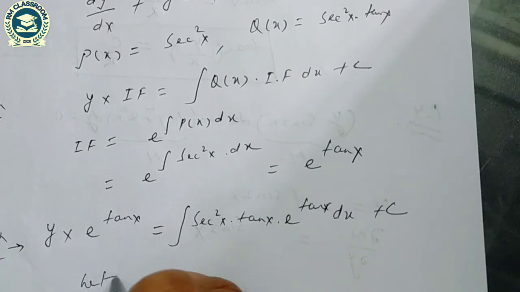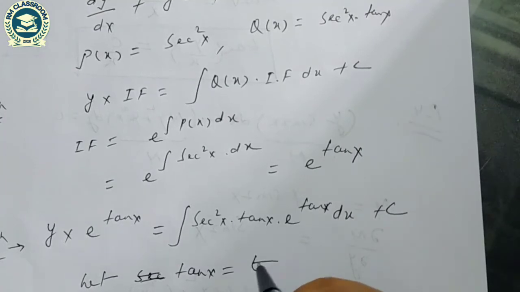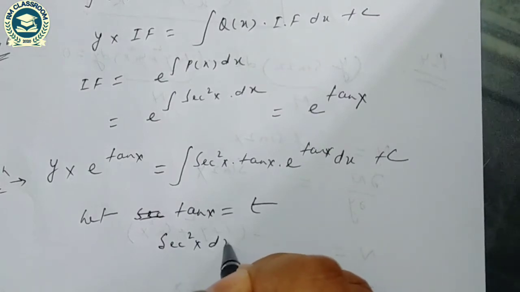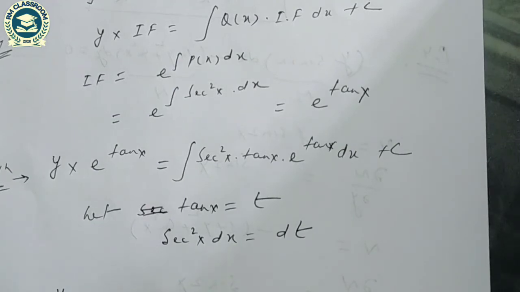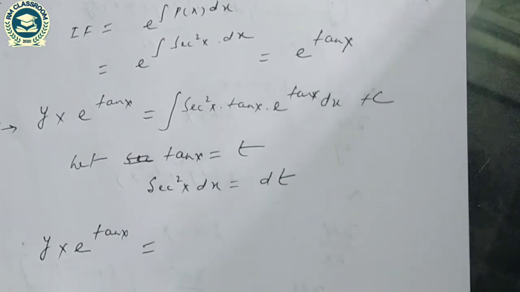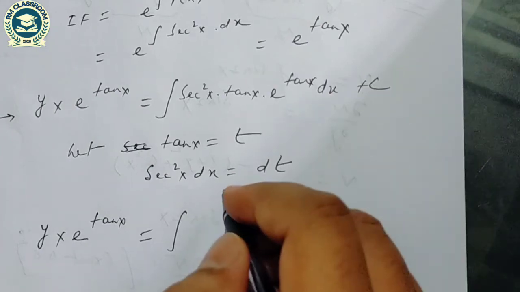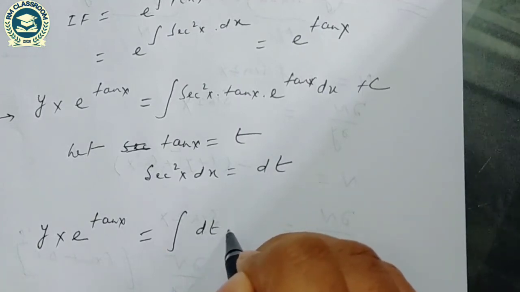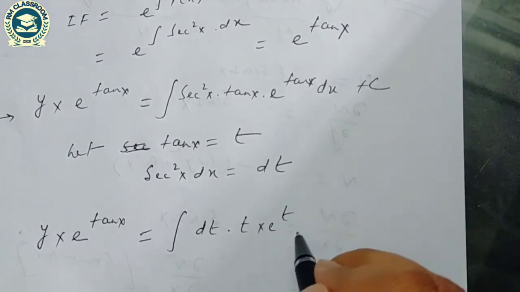So let tan x be equal to t. I have assumed tan x is equal to t. So sec²x dx is equal to dt. So y times e to the power tan x is equal to the integral of sec²x dx, which is dt, into tan x, which is t, into e to the power t, plus c.